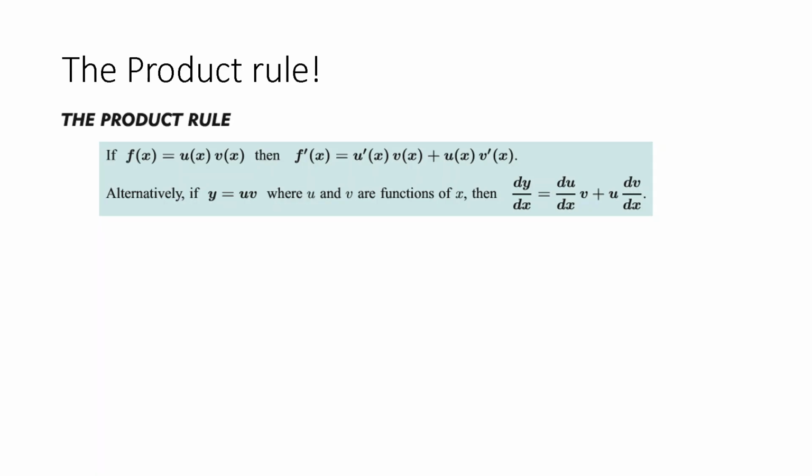So if f of x is equal to two functions multiplied together, in this case u of x and v of x, then f prime is equal to the derivative of u of x multiplied by v of x plus u of x multiplied by the derivative of v of x. Alternatively, if y equals uv, we can say that dy/dx is du/dx times v plus u times dv/dx.